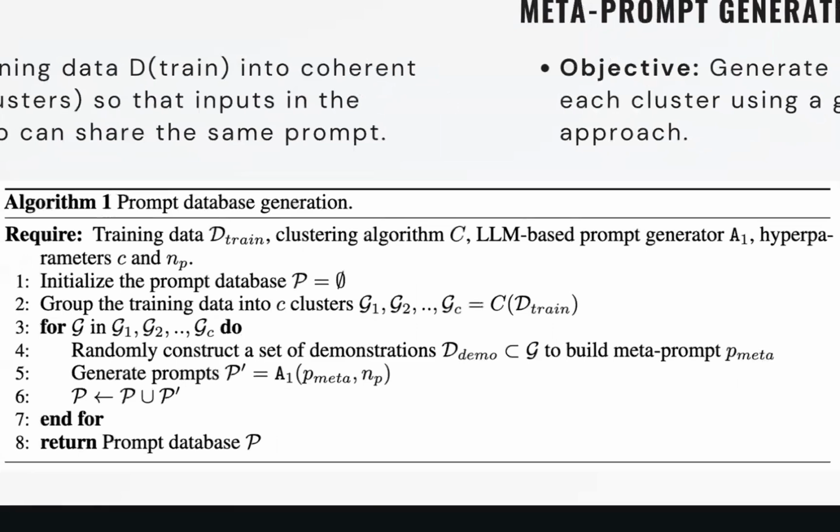First, initialize the prompt database P and group training data into C clusters. And we will loop through each cluster. For each cluster, randomly construct a set of demonstrations, the demo, to build the meta-prompt, P meta, and then generate prompts for each meta-prompt and return the prompt database.